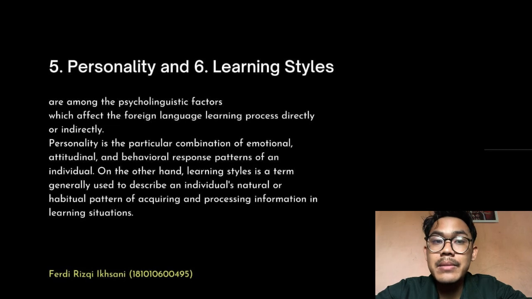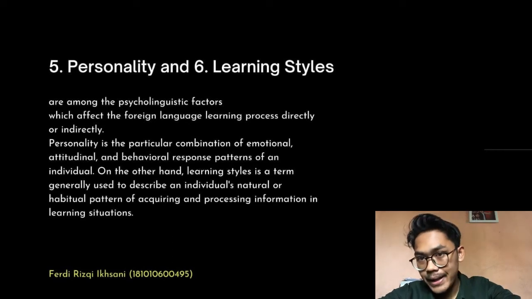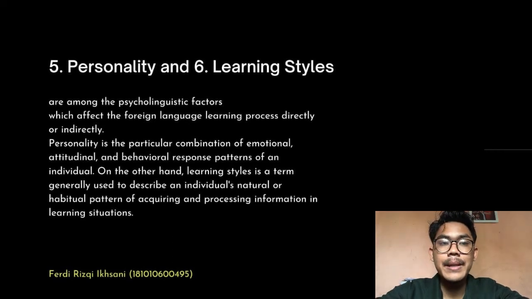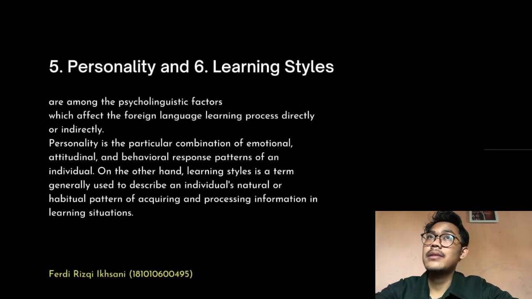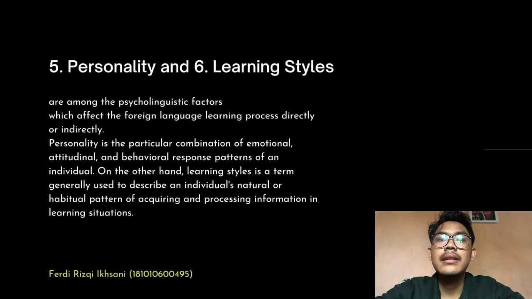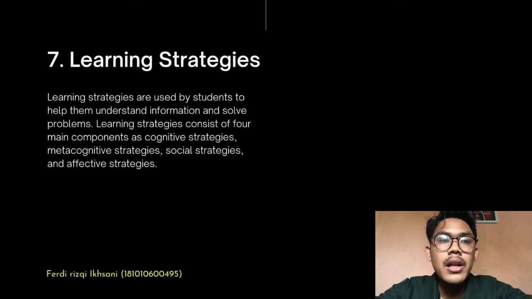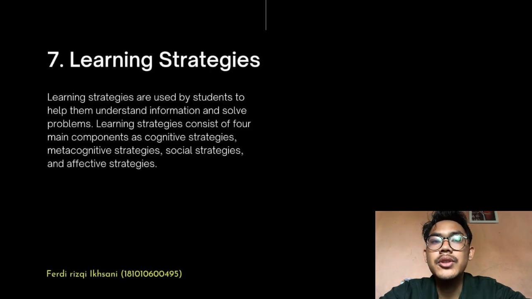Okay, for the last dimension discussed under the heading of psycholinguistic factors which affect the foreign language learning process, that is point number 7, learning strategies. Learning strategies are used by students to help them understand information and solve problems. Learning strategies consist of 4 main components: cognitive strategies, metacognitive strategies, social strategies, and affective strategies.